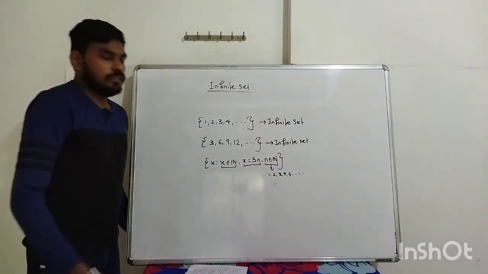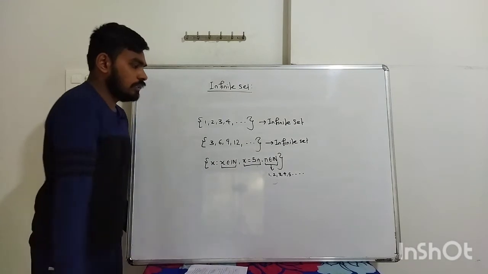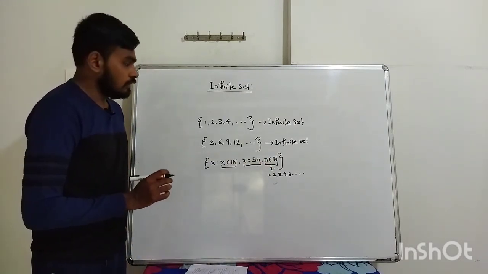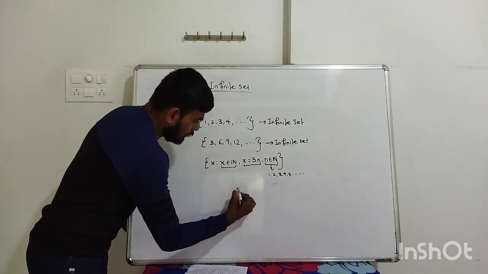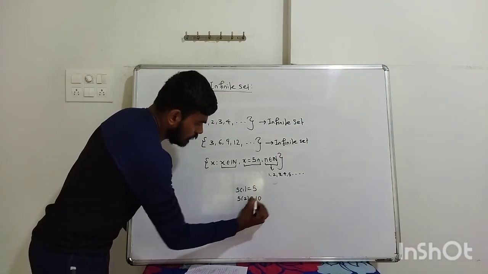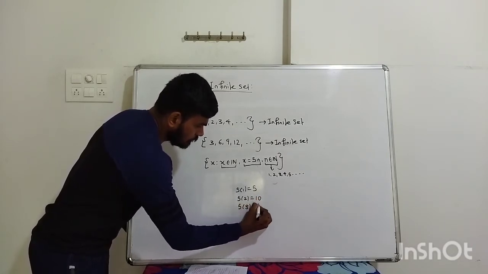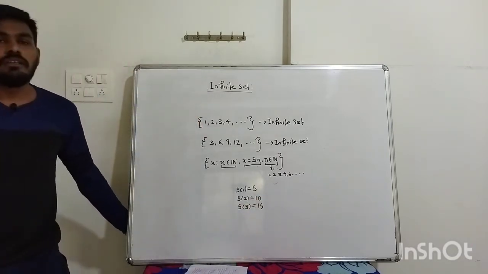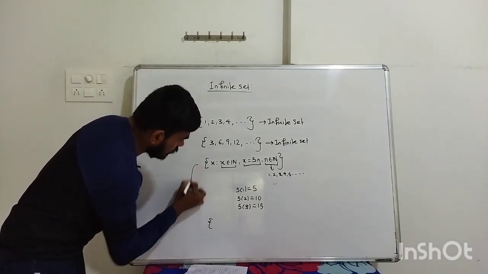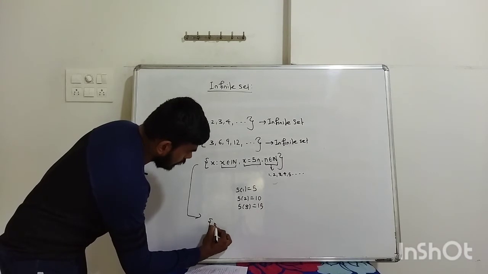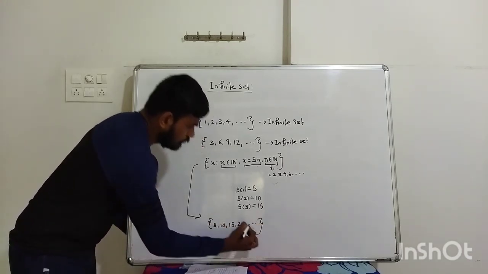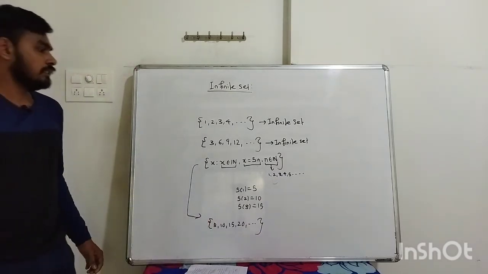We can select 1 here, 2 here, and when we substitute that, we always get a natural number. For example, 5 into 1 is equal to 5, and 5 into 2 is equal to 10, 5 into 3 is equal to 15, and this goes on. And if we try to write this set in roster form, what will we get? 5, 10, 15, 20 and so on. So again this becomes an infinite set.